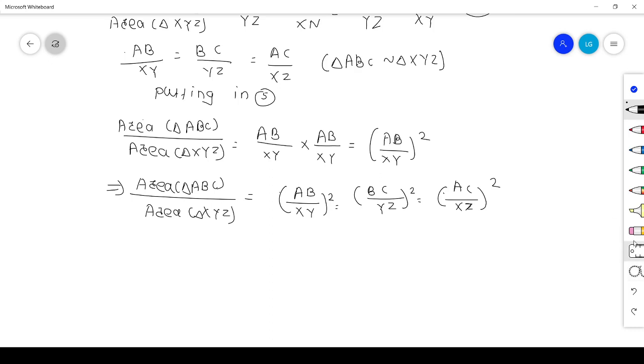So here we proved that the ratio of the areas of similar triangles is equal to the square of the ratio of their corresponding sides. Hence proof.